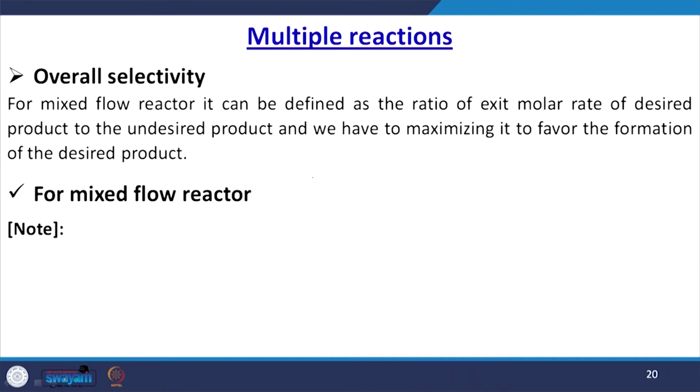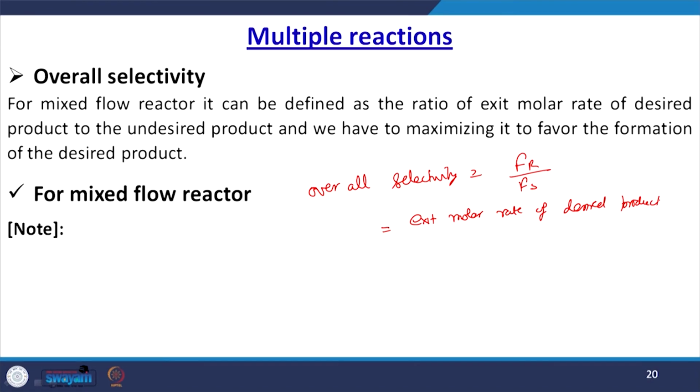So if we write the overall selectivity for the mixed flow reactor, the overall selectivity FR upon FS is equal to the exit molar rate of desired product R divided by the exit molar rate of undesired product S.